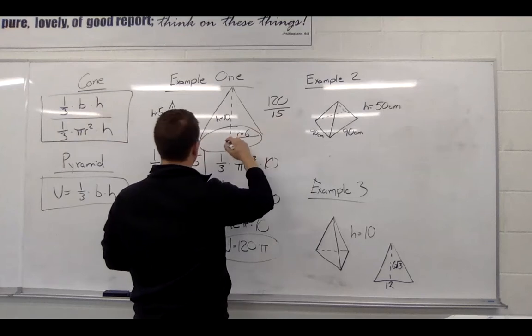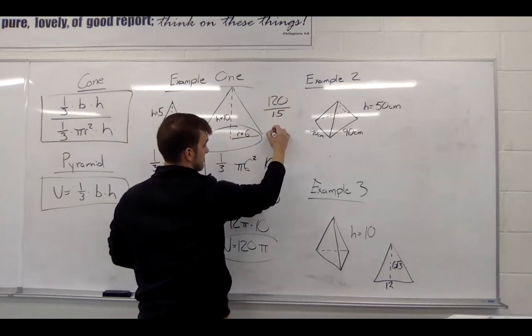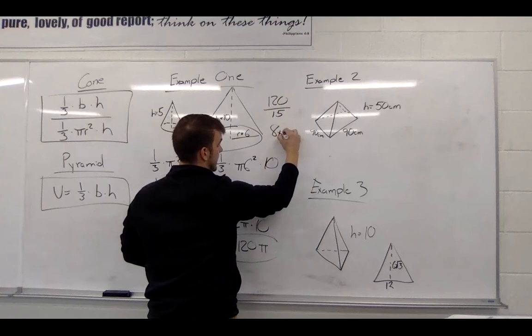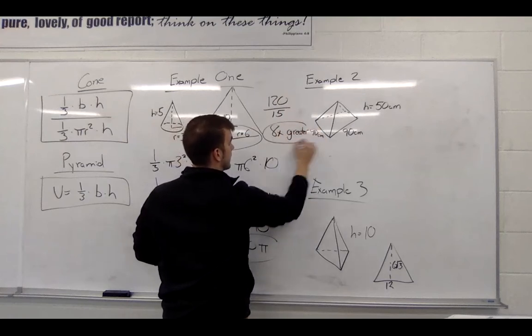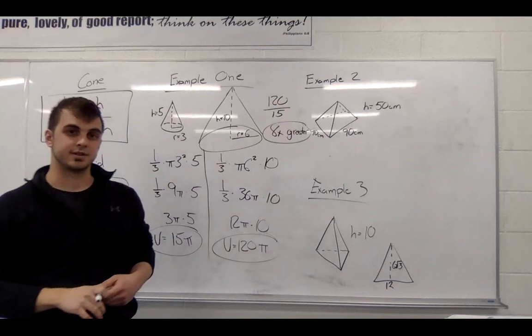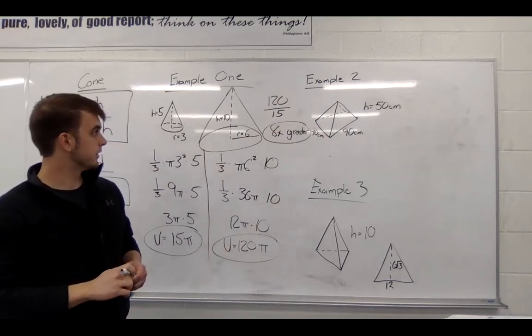So you could stick 8 of the 15s in the 120. That means the bigger one is 8 times greater, is the answer to the second part of your question.